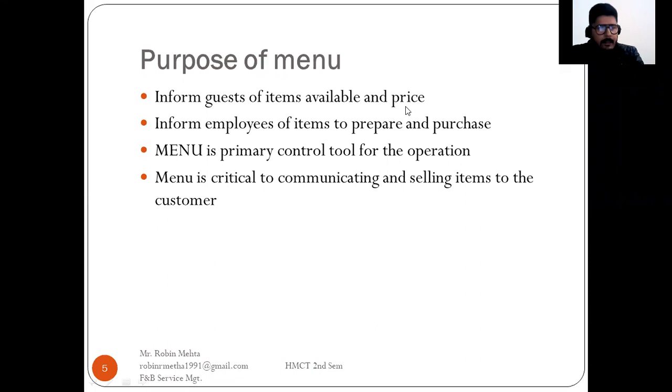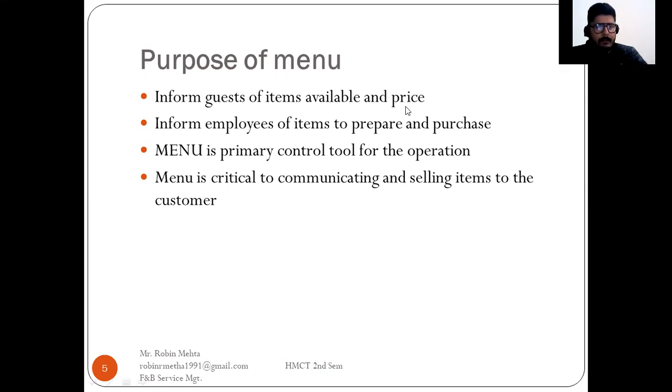Next, the menu is the primary control tool for operations. If we prepare the menu, we are telling the guest we are offering these items, like 100 or 200 items. For that we have to create a cycle.